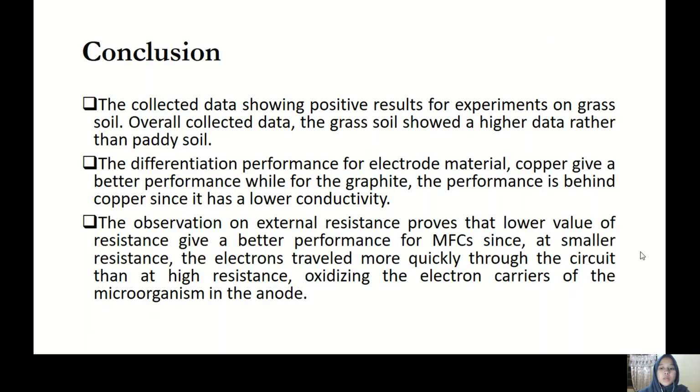Based on experiment 2, we could see that at smaller resistance, the electrons travel more quickly through the circuit than at high resistance, because the values of current and power density that we could achieve during experiment 2 for 1 ohm are higher compared to 100 ohm.